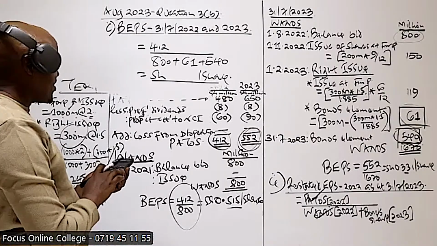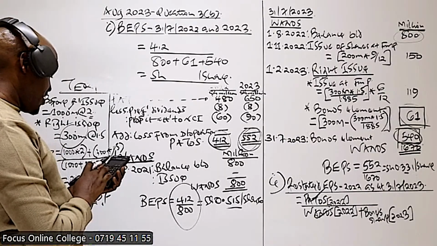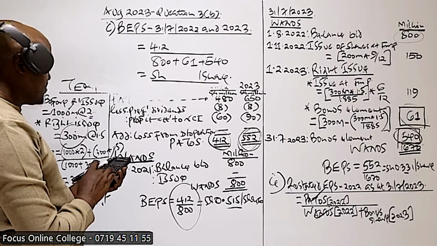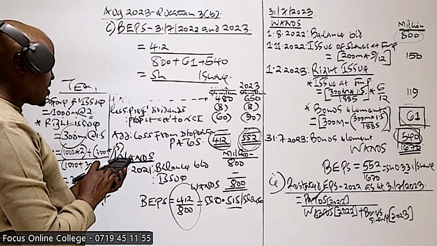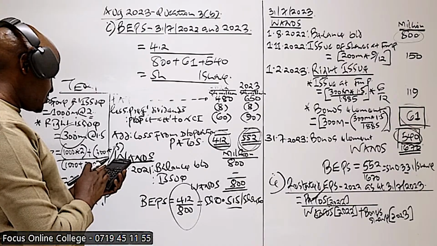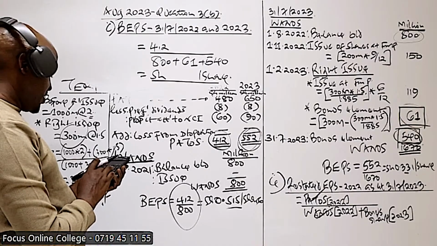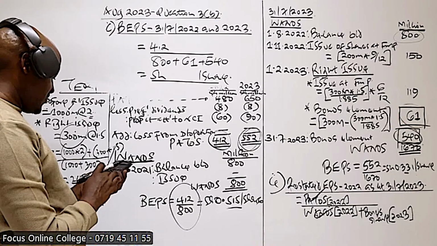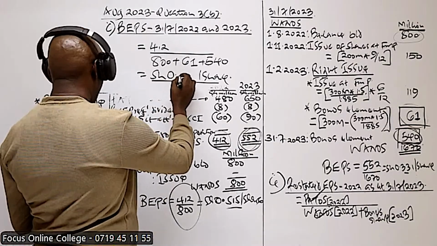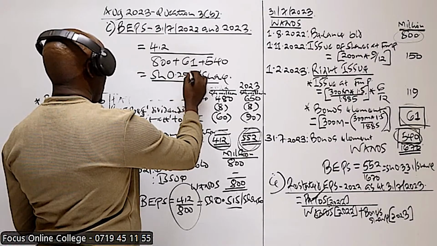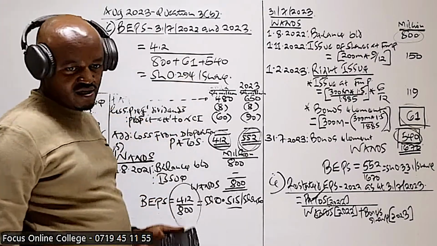Okay, we have 800 plus 61 plus 540. So we take 412 divided by the answer. And basically I'm getting 0.294 shillings per share.